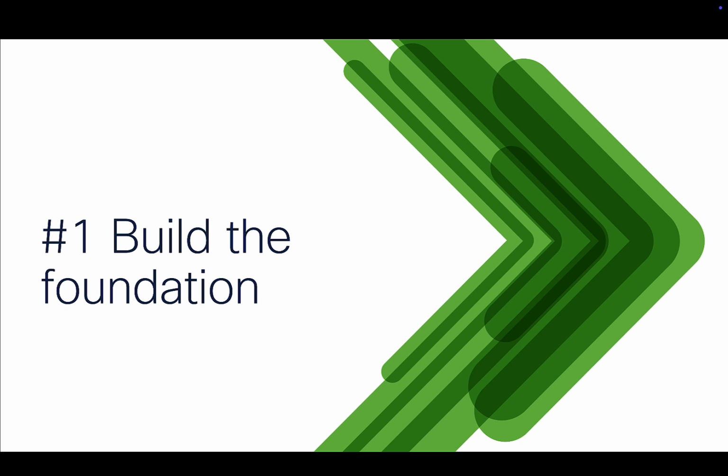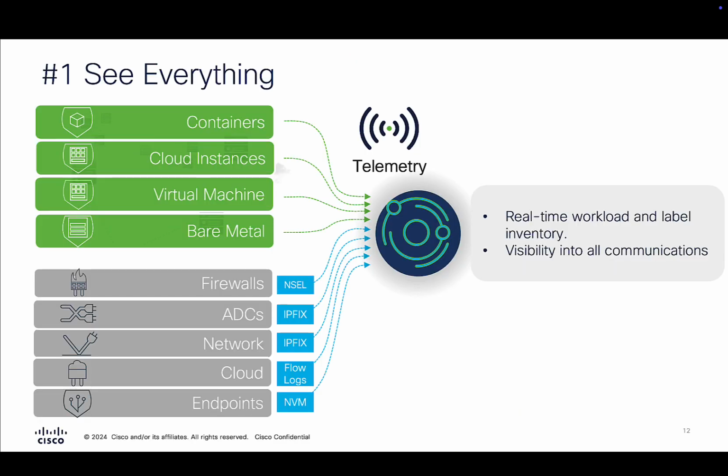The number one aspect is building the right foundation, right? So even before you think of segmentation policy, you have to get visibility of everything. You have to see everything to basically do something about it, right? And when I say see everything, what do I mean? 2 important pieces of information.